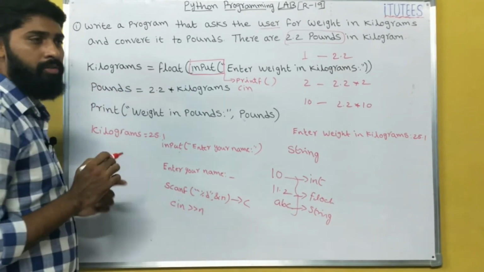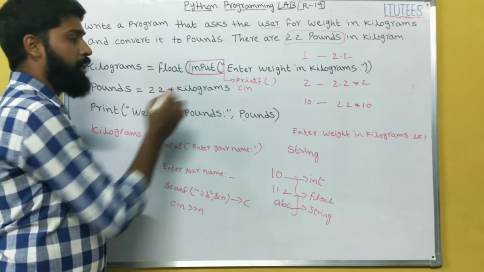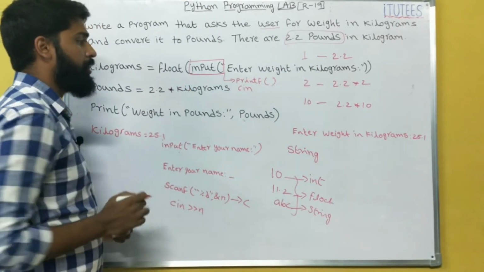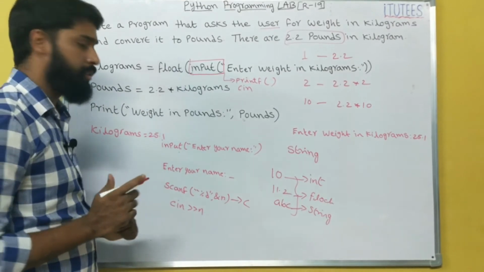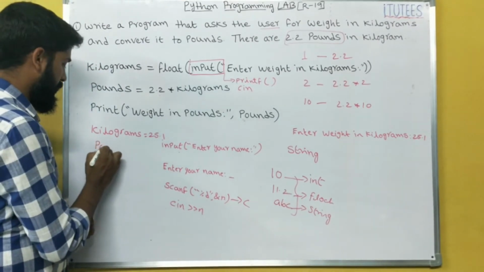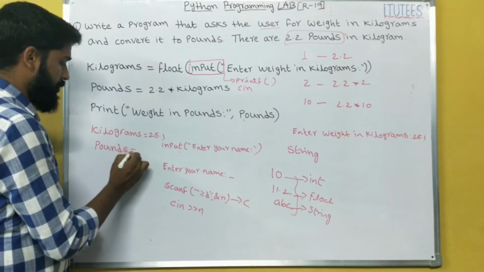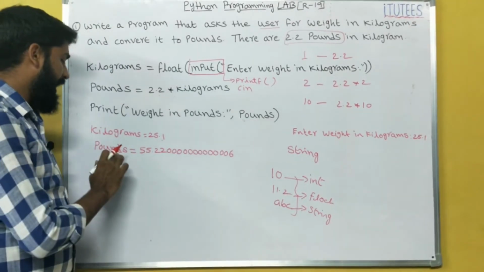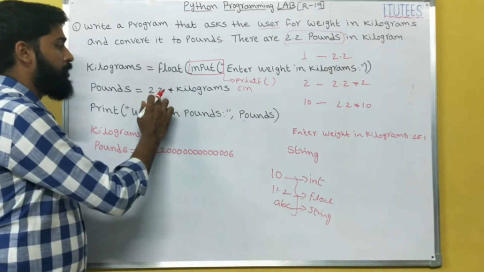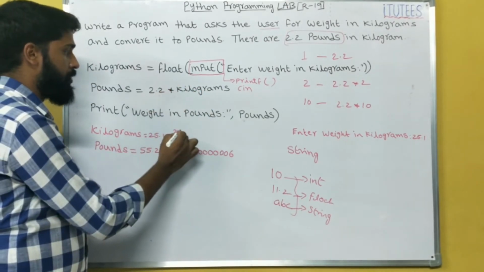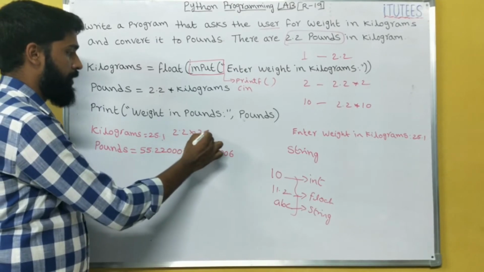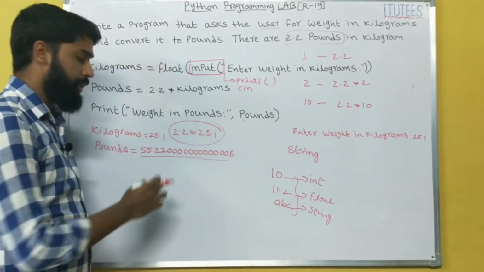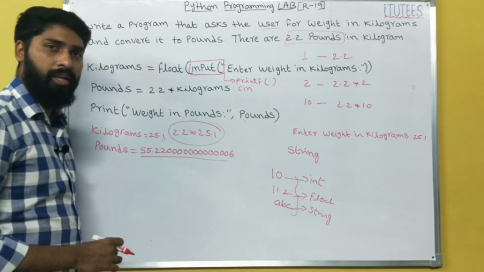So pounds equals 2.2 into kilograms, using the given formula. Now it calculates pounds, that is 2.2 into 25.1. The result is 55.22. This is the output.